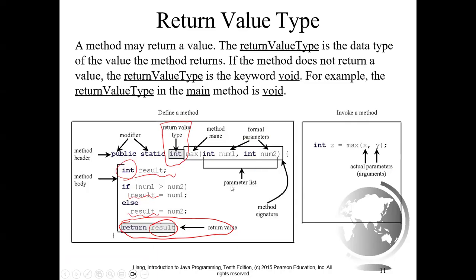Because if you are requiring the program to give you an integer, and it is giving you a floating point number, that means the program is going wrong. However, if the method doesn't return a value, the method return type is the keyword void.